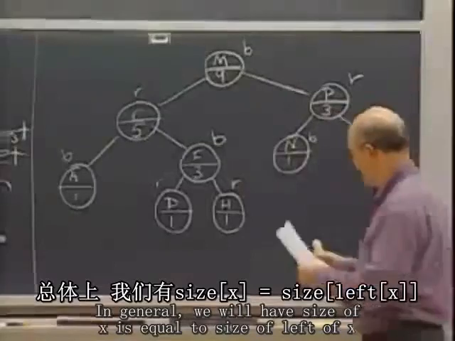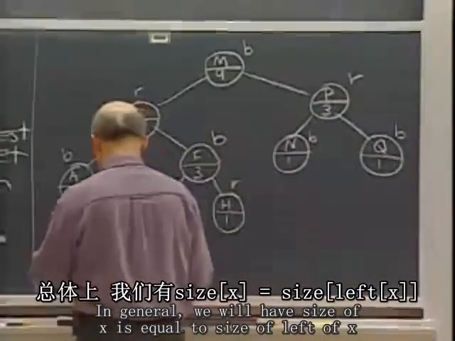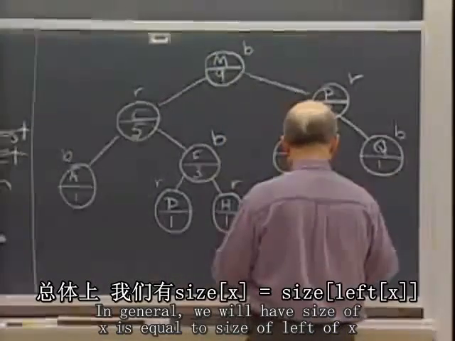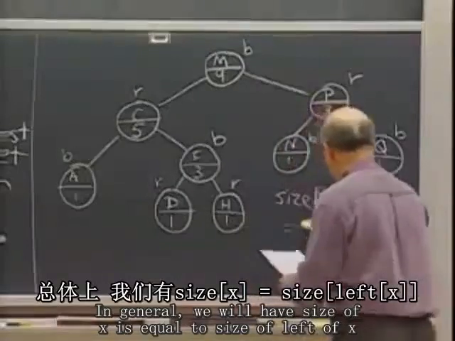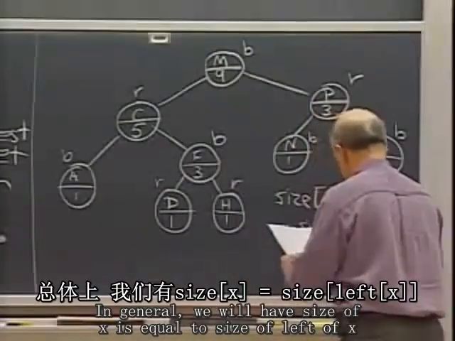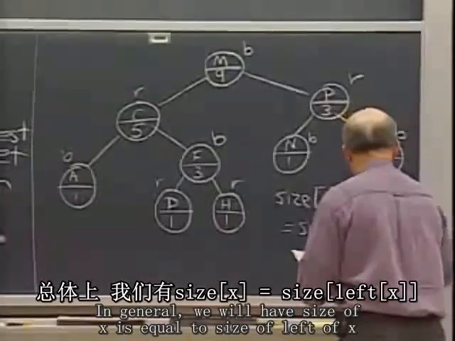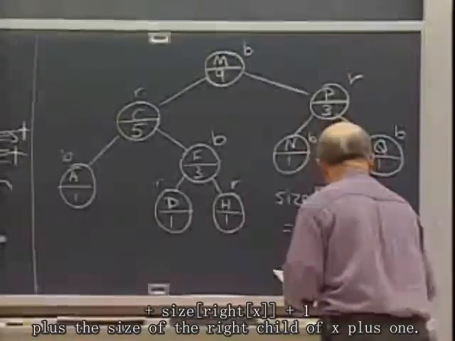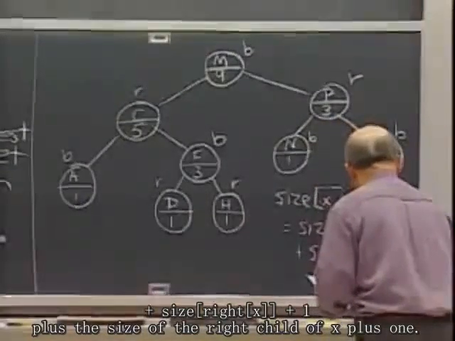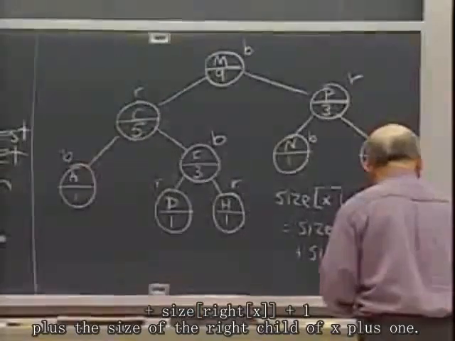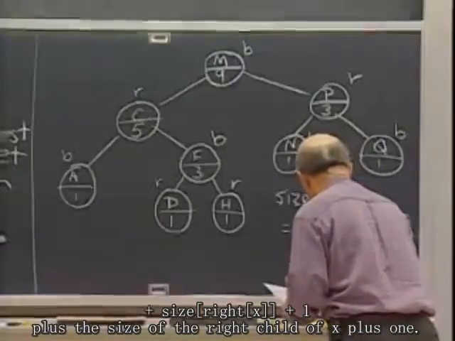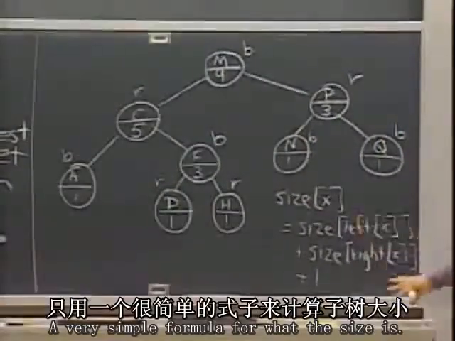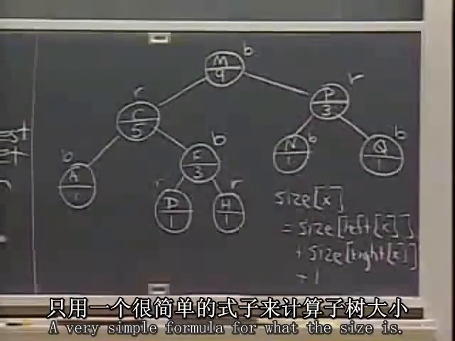Okay, so in general we'll have size of x is equal to the size of left of x plus the size of the right child of x plus 1. Okay, that's how I compute it recursively. Very simple formula for what the size is.